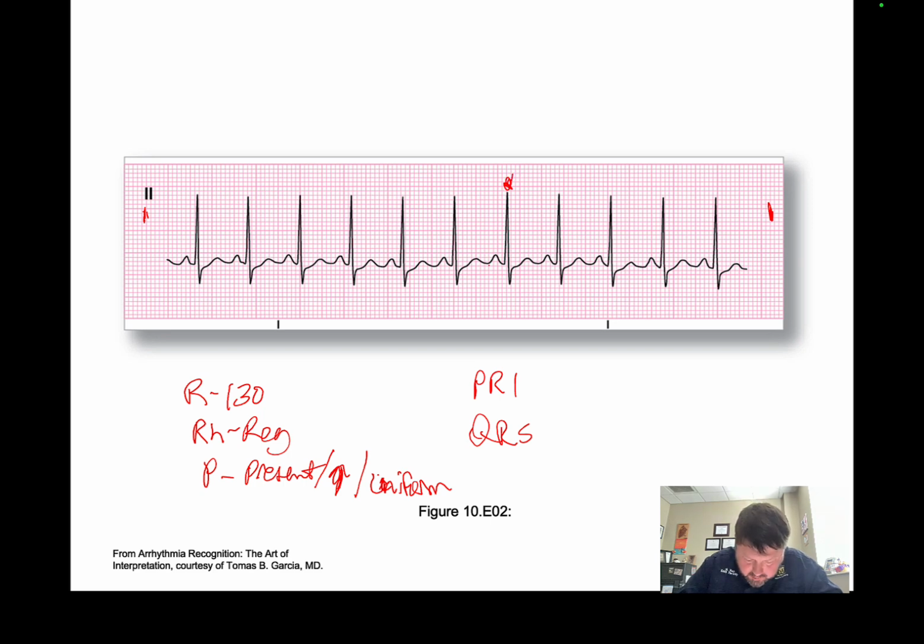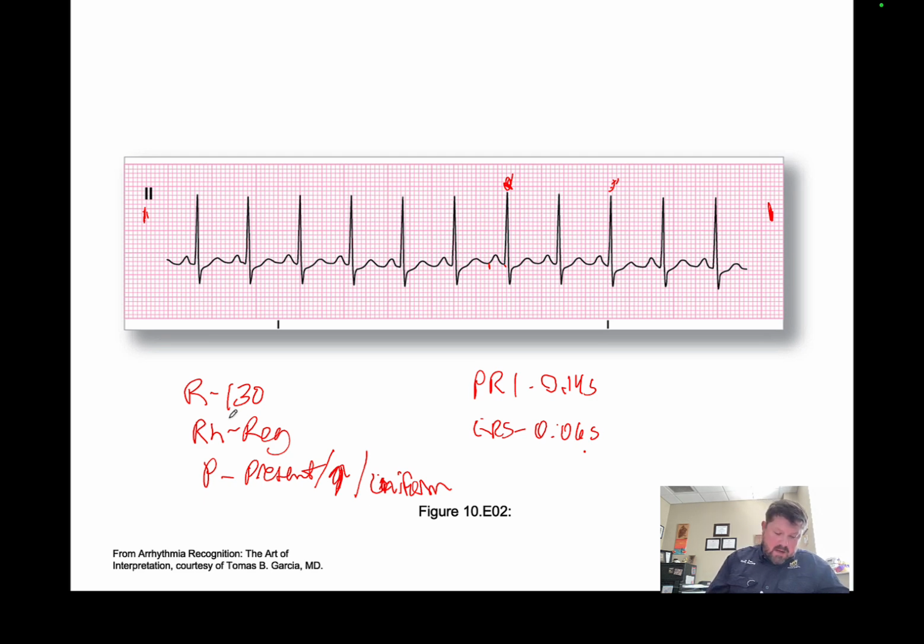So I'm measuring from right here to the middle of those two blocks. So it's 0.14. And my QRS is going to be 0.06 seconds.